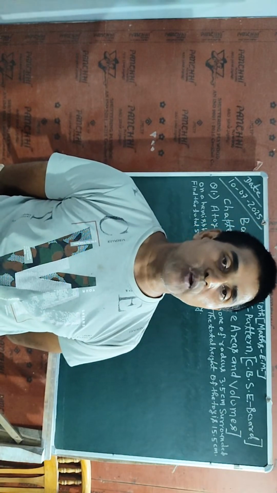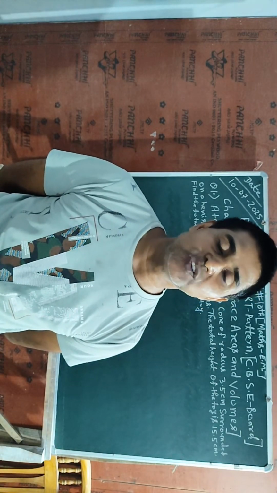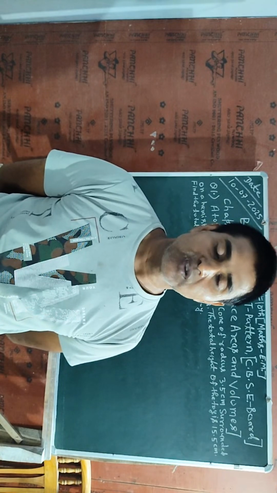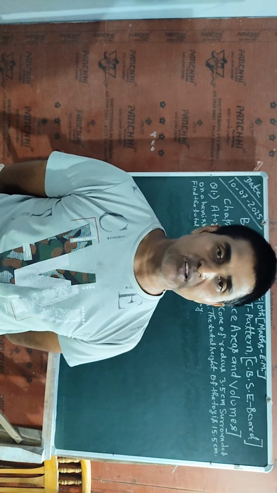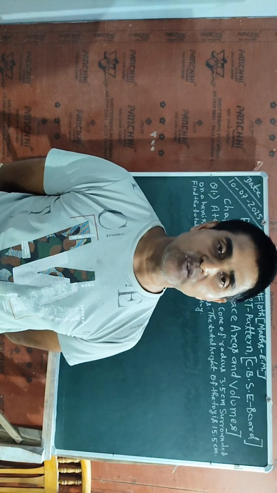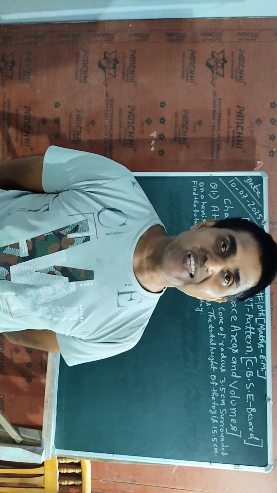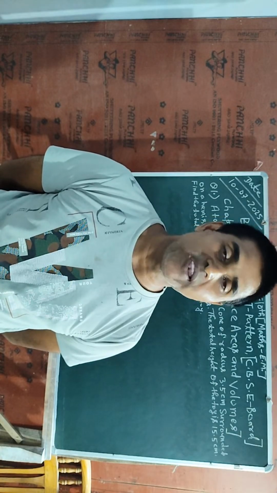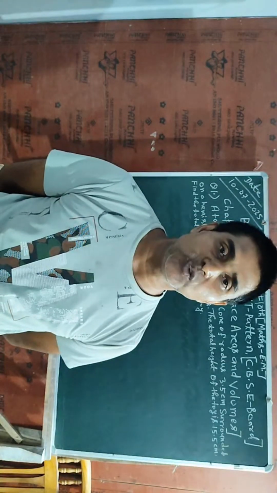Now all the information I have already discussed with you about curved surface area, total curved surface area, and also about the volume of the required shape. So each and every term I have already discussed with you.